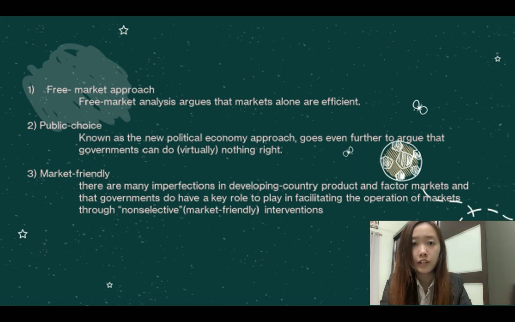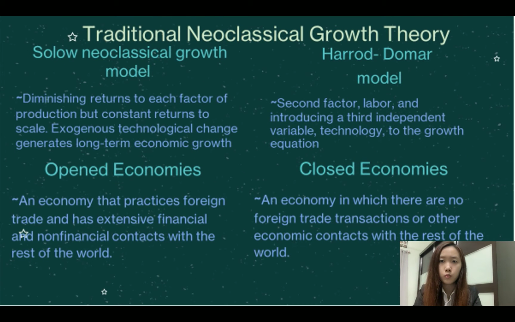Last is the market-friendly approach, which is a notion heuristic promulgated by the World Bank that successful development policy requires government to create an environment in which markets can operate efficiently and to intervene only selectively in the economy in areas where the market is inefficient. Now we will move to the traditional neoclassical growth theory.